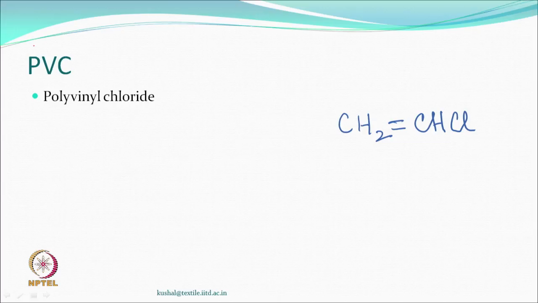So, let us look at the other polymers which can also be applied. One of the interesting ones which people use quite a lot is polyvinyl chloride. So, this is your vinyl chloride, this is vinyl chloride.